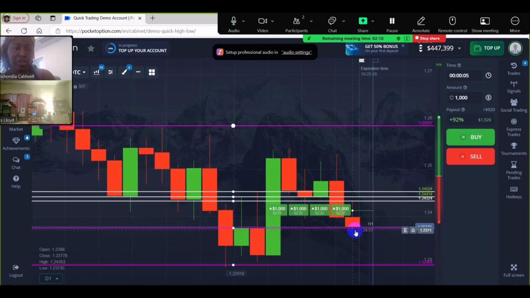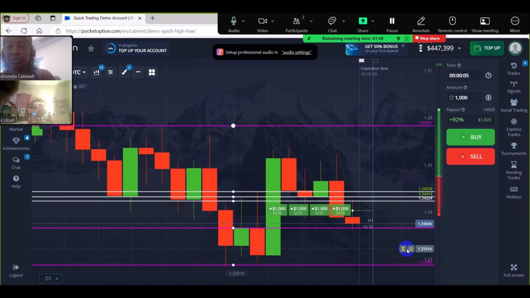Okay. So you see how it's trying to push past this pink line. It pushed past it a little bit. You see that? Remember, this is the daily candle wick. It pushed past it a little bit, but now it's going back up.